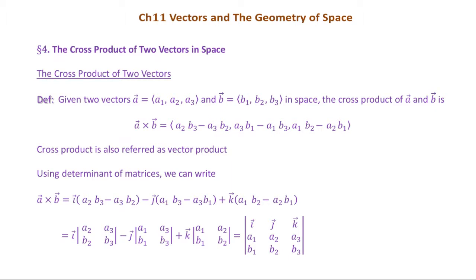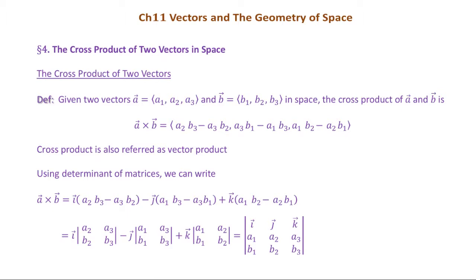You can easily check that. And A1B3 minus A3B1 is also the determinant of a 2 by 2 matrix A1, A3, B1, B3. And A1B2 minus A2B1 can also be rewritten as the determinant of the matrix A1, A2, B1, B2, if you check it.